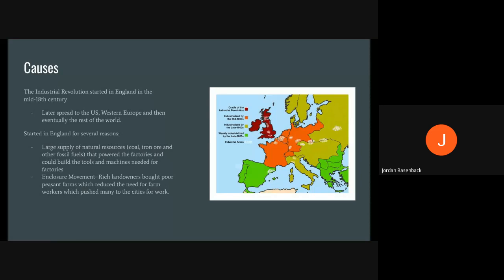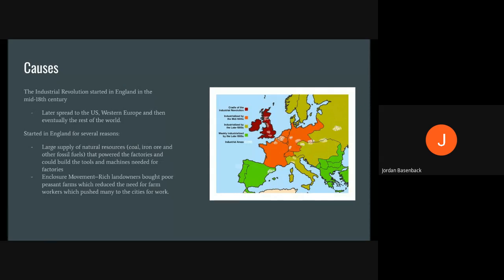For one, there was a large supply of natural resources like coal and iron ore and other fossil fuels that really powered the factories, powered the machines, and then also in the case of iron ore, allowed for those machines to be built. The other thing that was happening within English society was that rich landowners were buying up peasant farms.